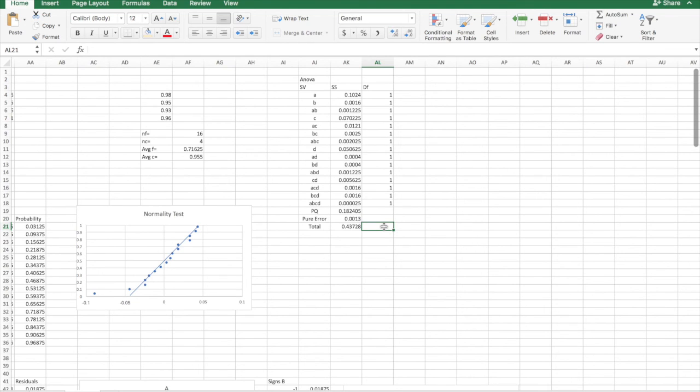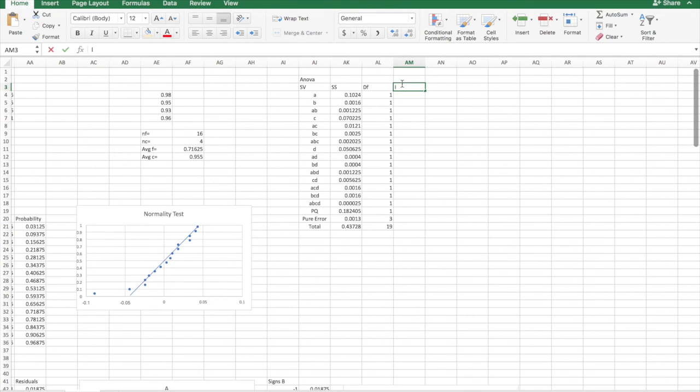Total, now instead of 16 it's going to be 15, it's going to be 20 minus 1, which is 19, and then in here pure quadratic is going to have 1 degree of freedom, and the pure error is going to have NC minus 1 degrees of freedom, so it's going to be 3.